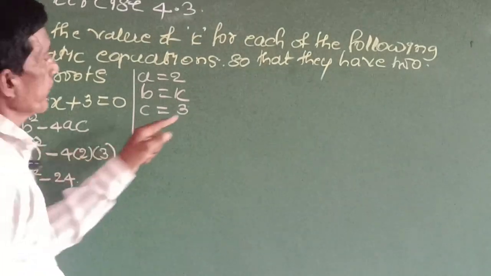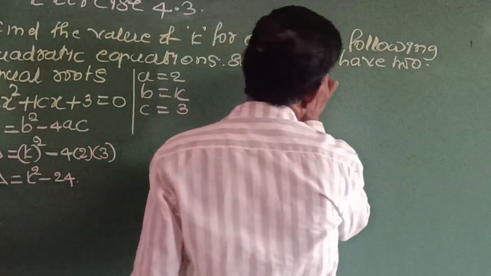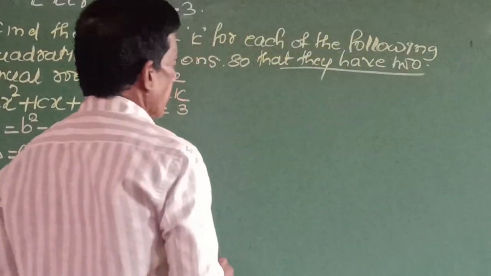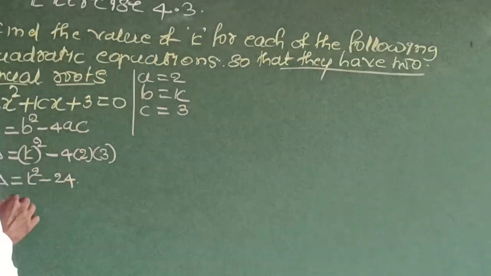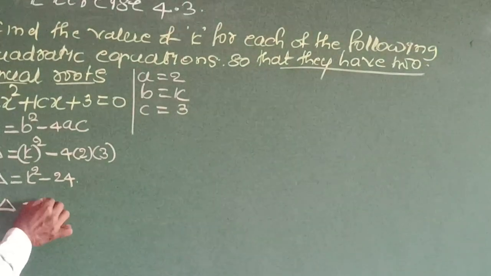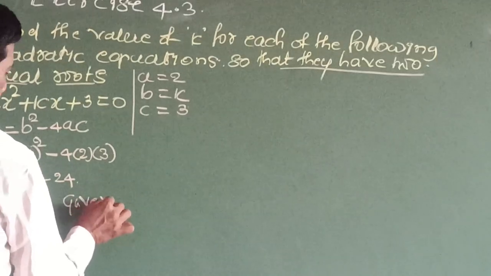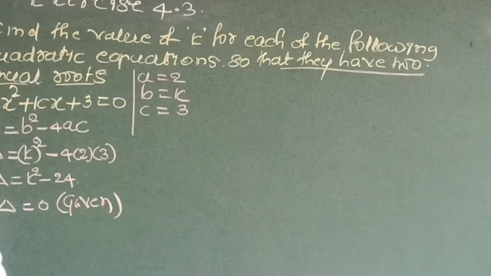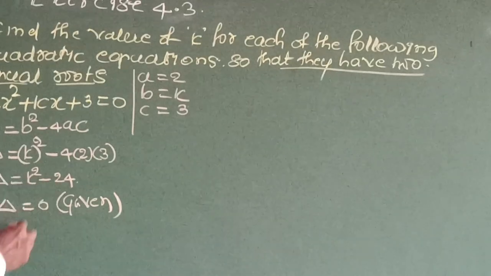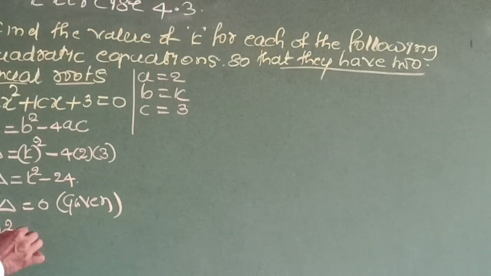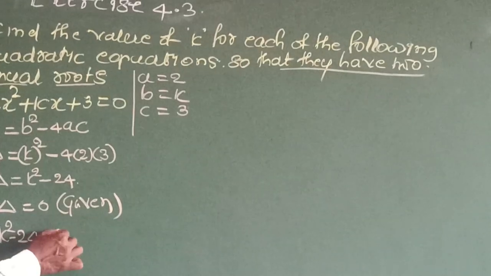It is given that they have two equal roots. So delta equal to 0, as given in the question. So k square minus 24 equal to 0.